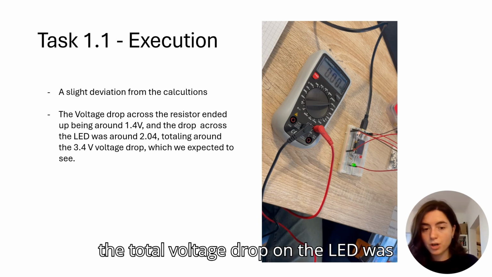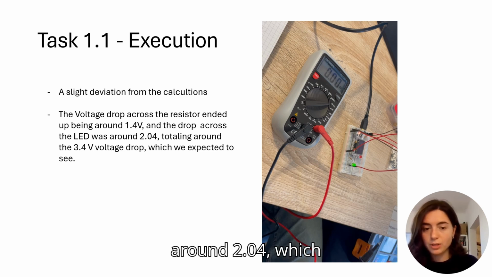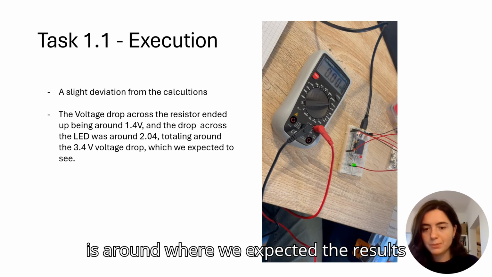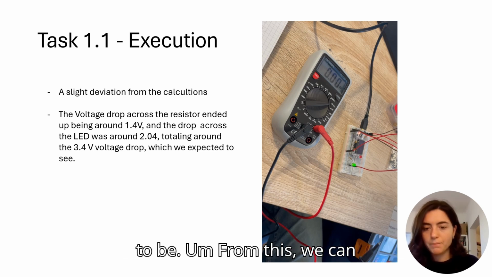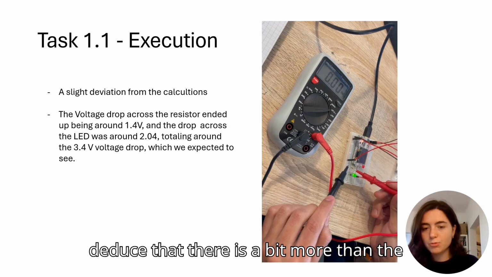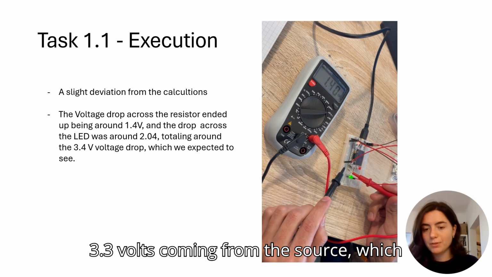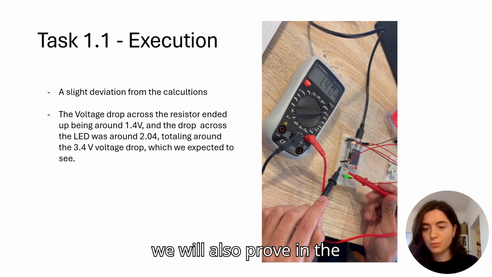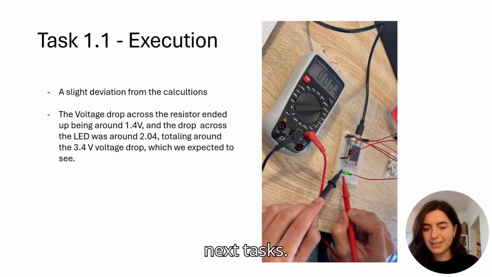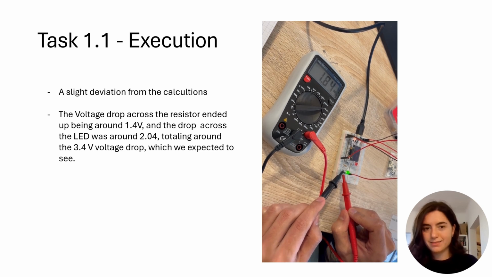And the total voltage drop on the LED was around 2.04, which is around where we expected the results to be. From this, we can deduce that there is a bit more than 3.3 volts coming from the source, which we will also prove in the next tasks.